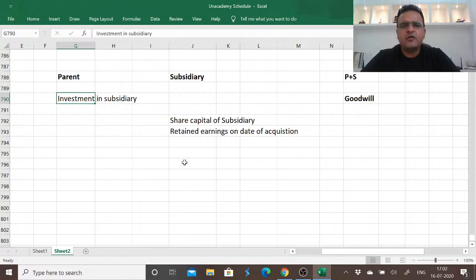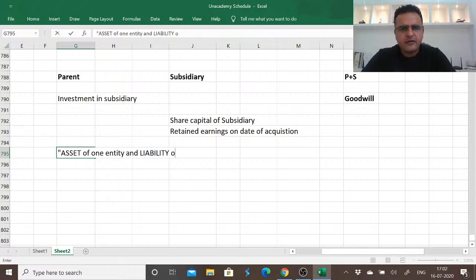Any amount paid over and above the net assets of subsidiary is recognized as goodwill. The principle behind it is that the asset of one entity and the liability of another get cancelled on consolidation.